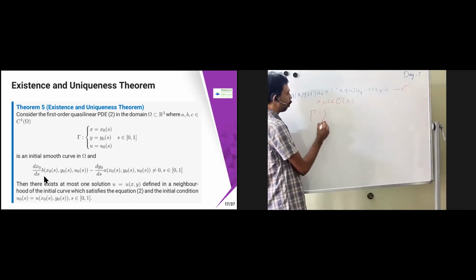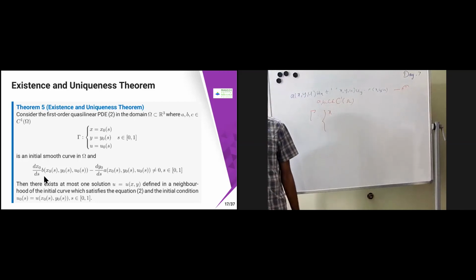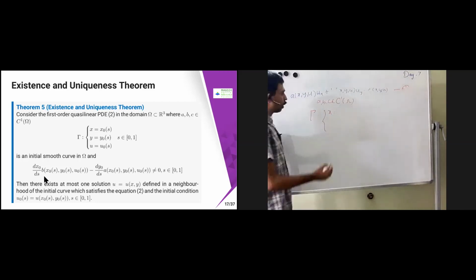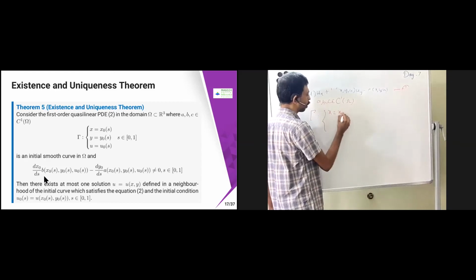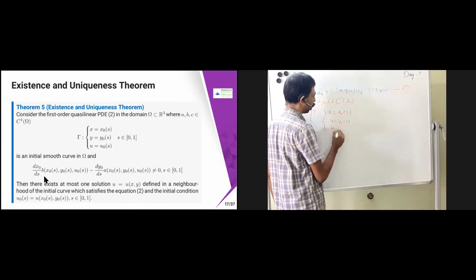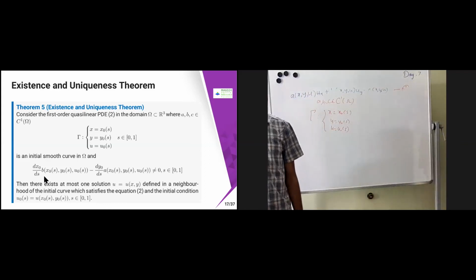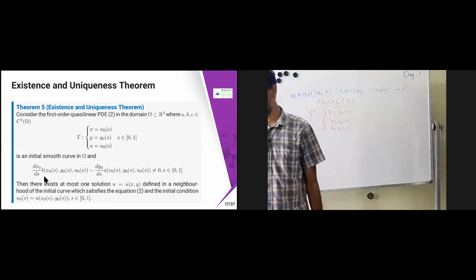Gamma is the initial smooth curve, x equal to x naught of s, y equal to y naught of s and u equal to u naught of s. Initial smooth curve means this is C1, a smooth curve in omega.